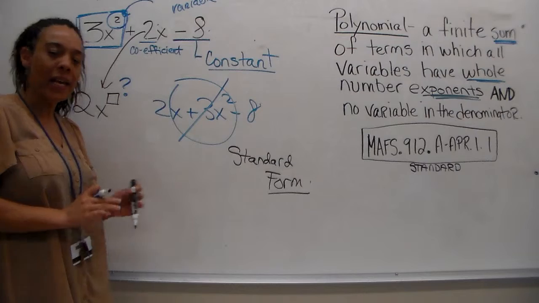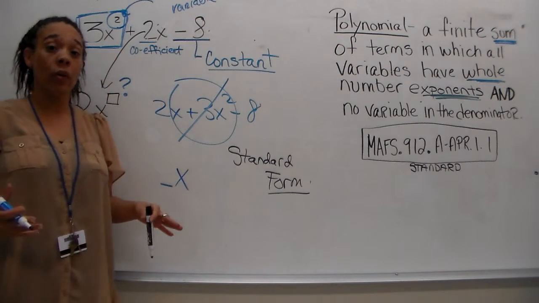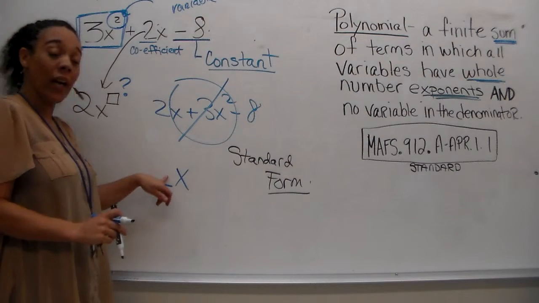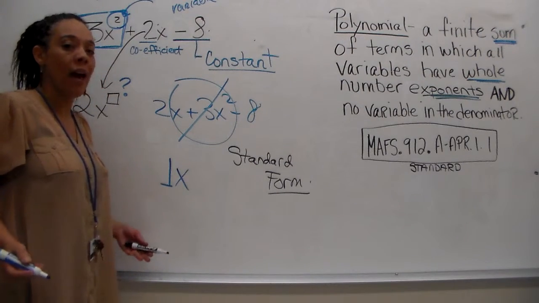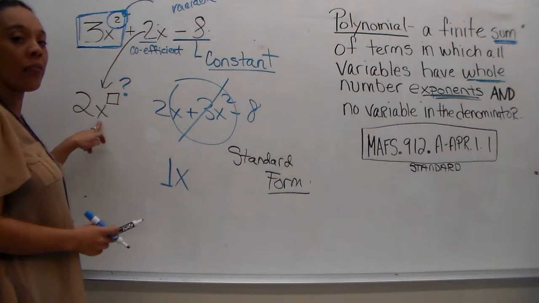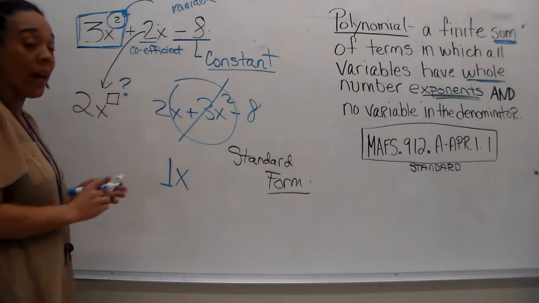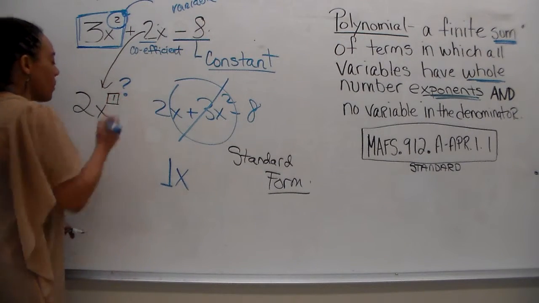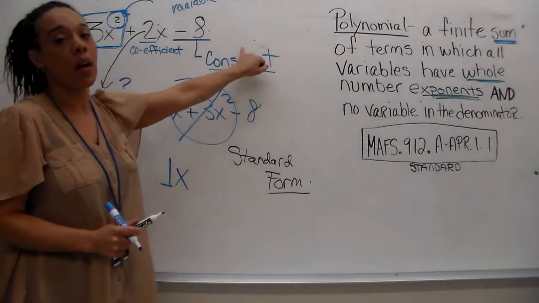However, it's almost like assuming, if I just had the variable x and I wanted to know the coefficient, it's not always written, but we assume it to be a 1. 1x is the same as x. We use that same strategy here when we have powers and exponents. If there is none written, we assume it to be a 1. That helps you to know in which order these come in.